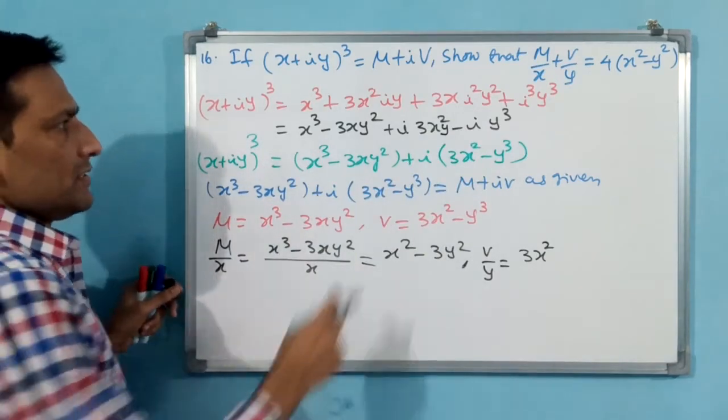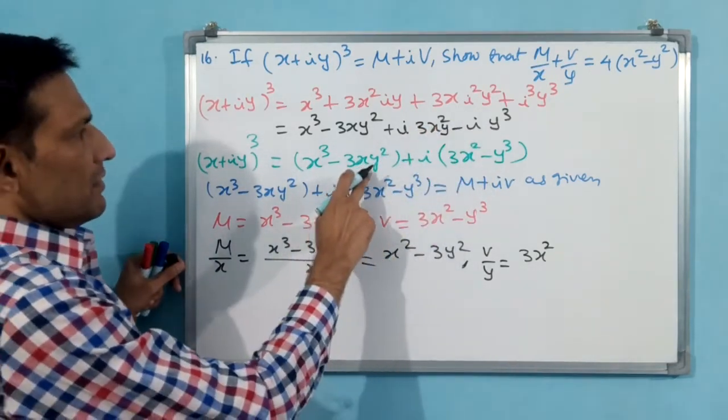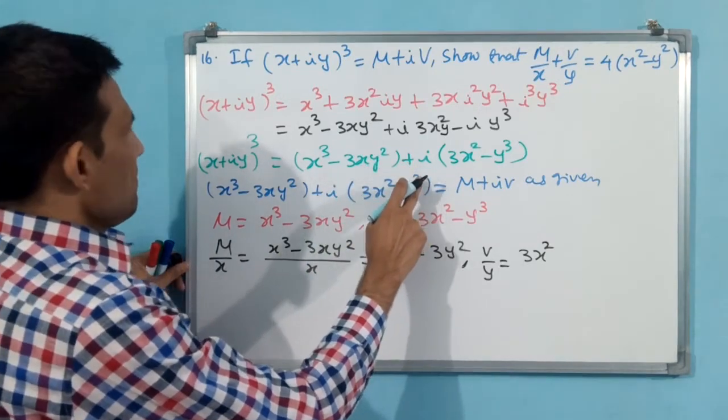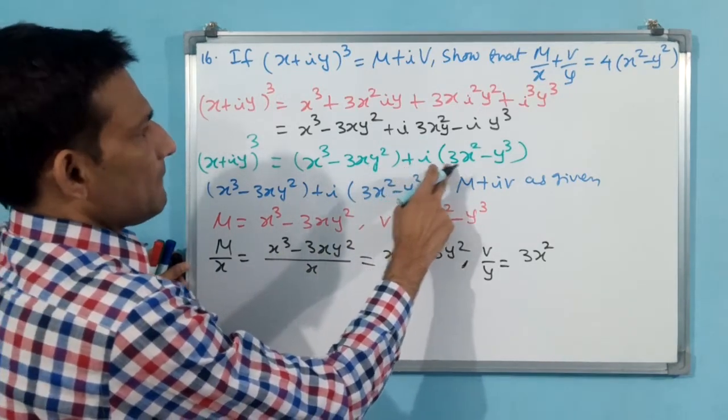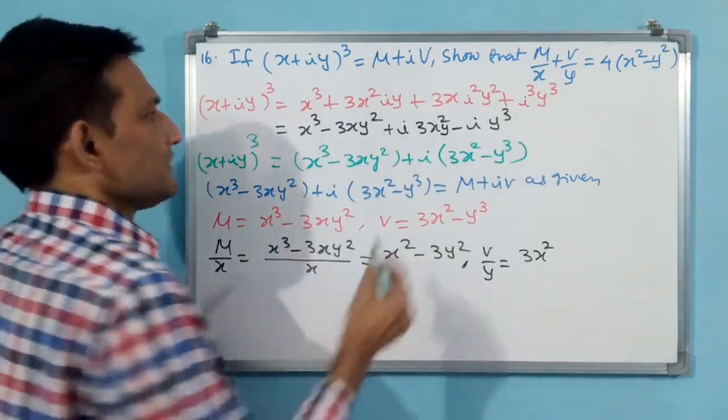Okay, please note this down. i 3x square y. Here also you have to write.